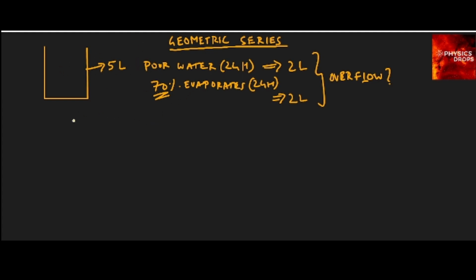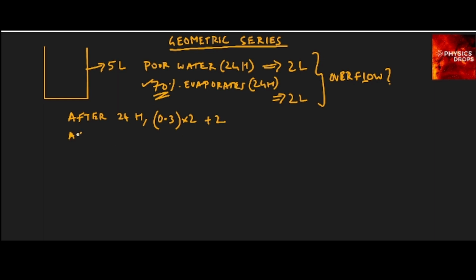Now let's take this step by step. Let's say after the first day, or after 24 hours, what is the status? So 30% will remain because 70% evaporates. 30%, or 30 by 100, or 0.3, remains of the water that is originally there, the 2 liters. And again, I'm going to add 2 liters after 24 hours.